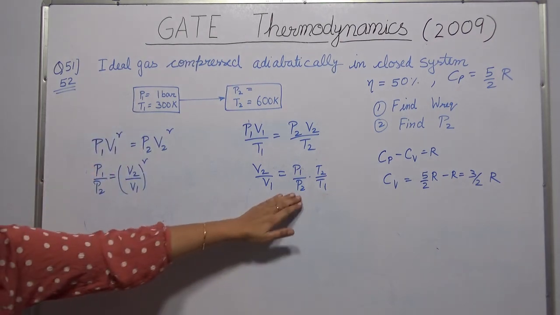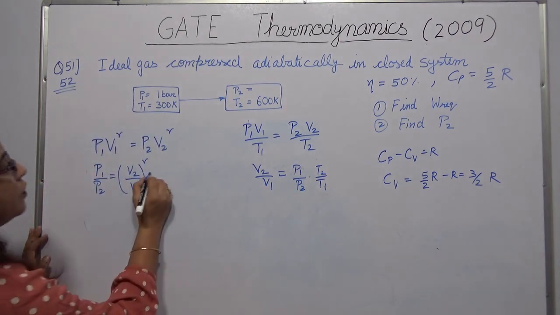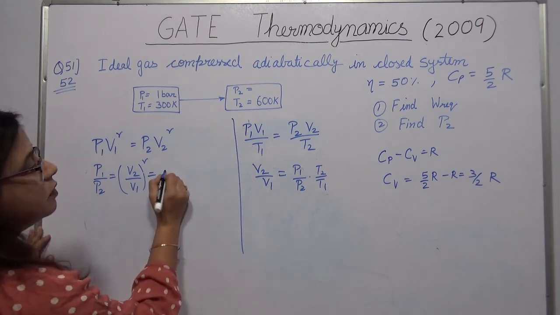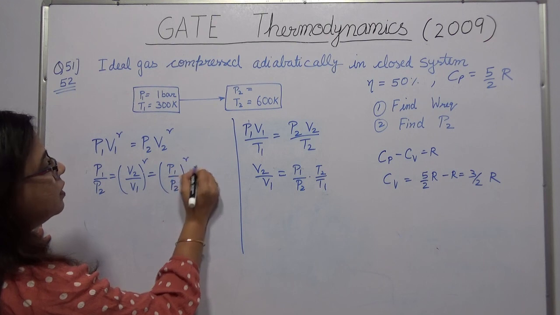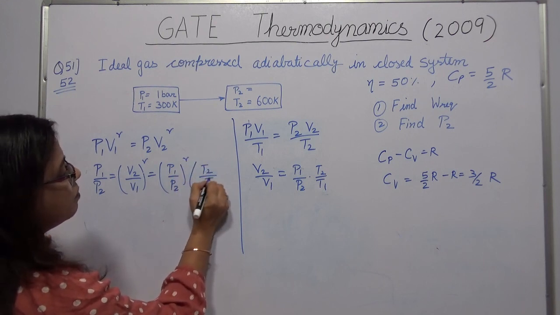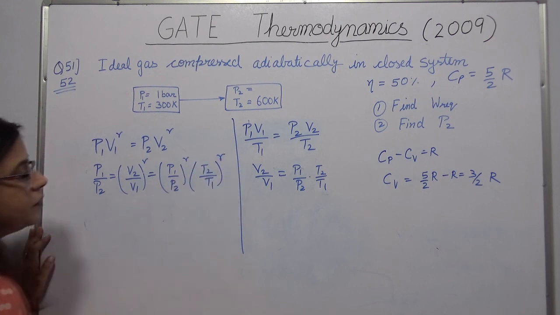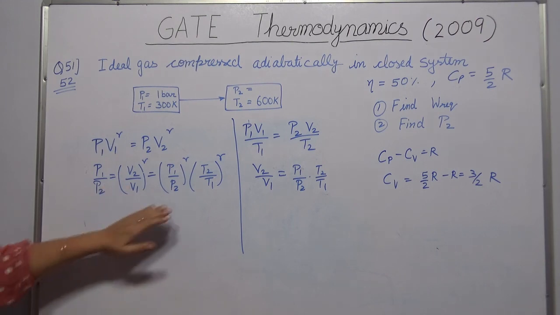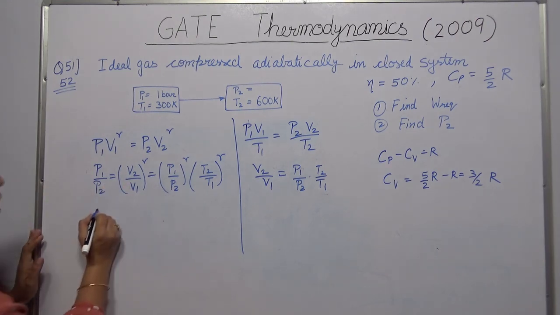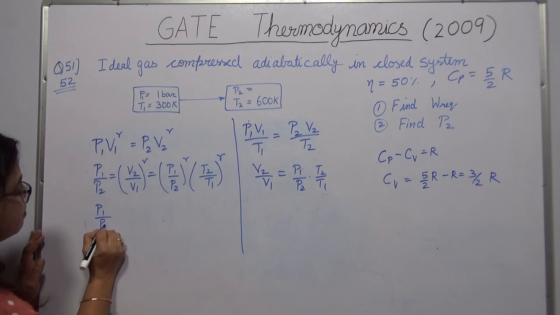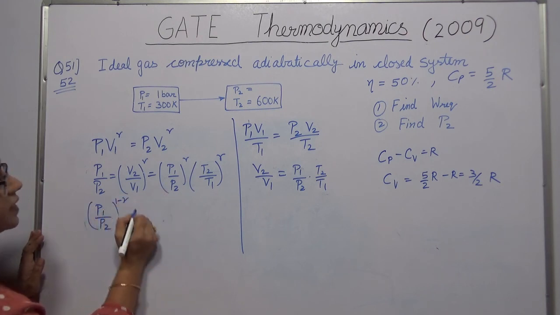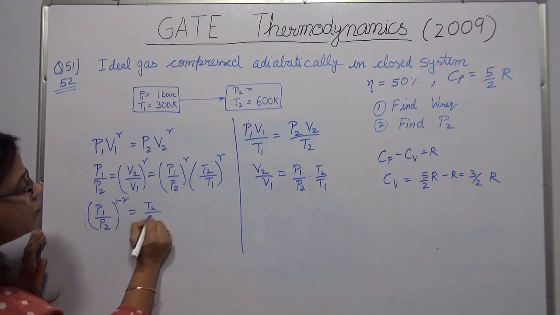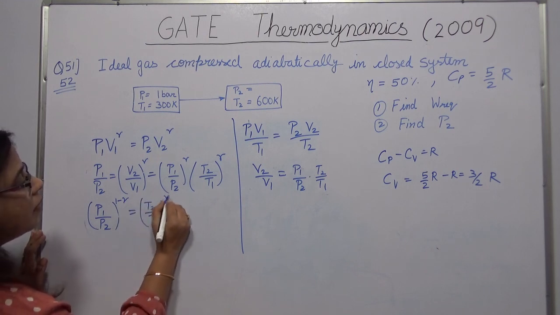Okay, now put this value over here. So what you get is P1 by P2 raised to gamma, multiplied with T2 by T1 raised to gamma. Now let's take the pressure on this side, and what you get is P1 by P2, so it will be divided by this. So then it will be 1 minus gamma, that is equal to T2 by T1 raised to gamma.